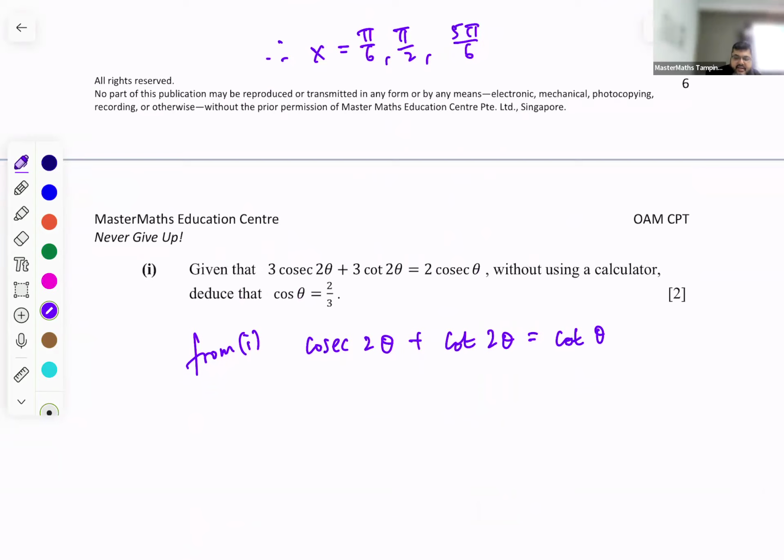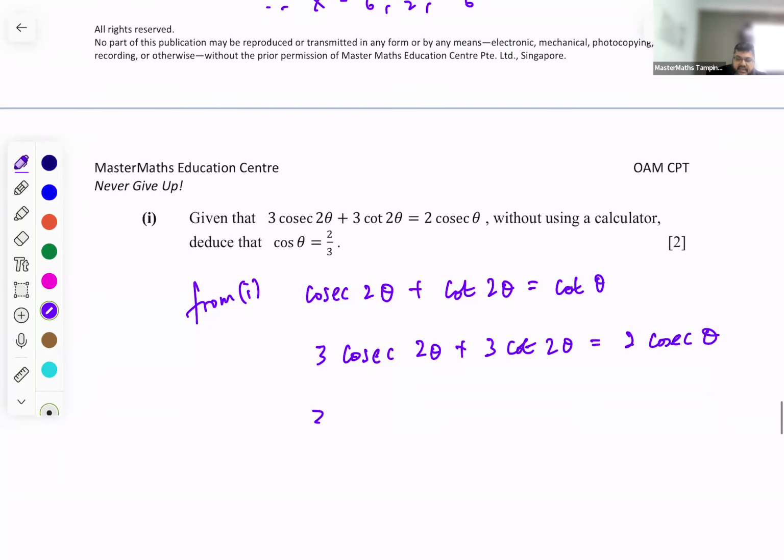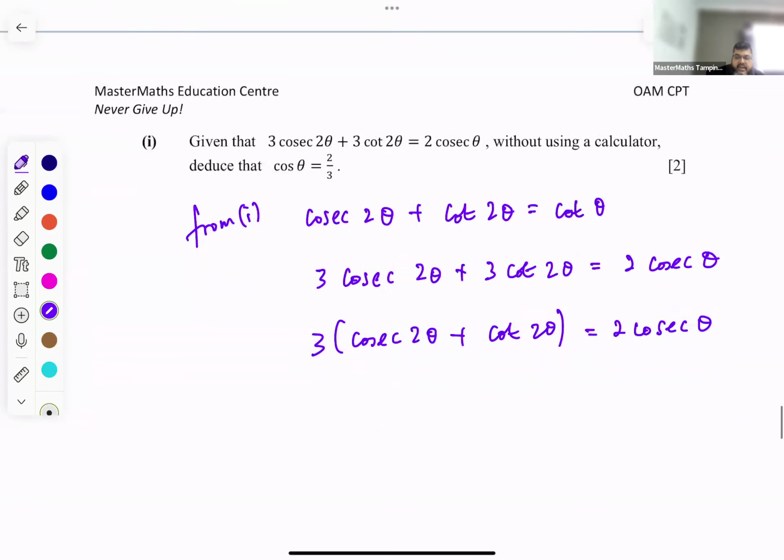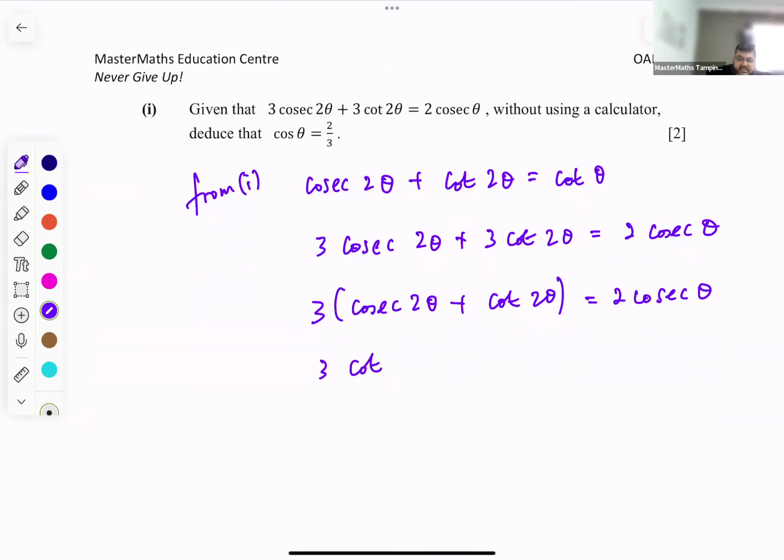So this one, 3 cosecant 2 theta plus 3 cotangent 2 theta is now equal to 2 cosecant theta. So I take out a 3. I'm left with cosecant 2 theta plus cotangent 2 theta, am I right? Is equal to 2 cosecant theta over 3 cotangent theta.